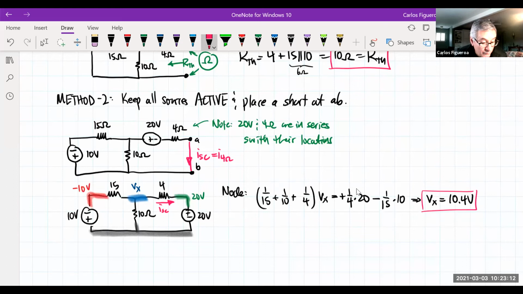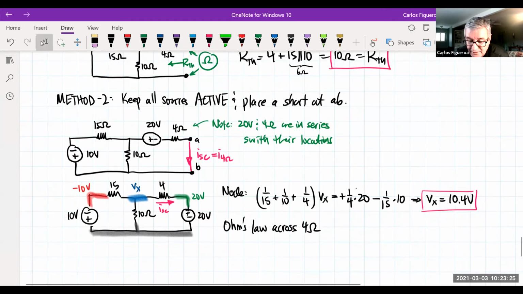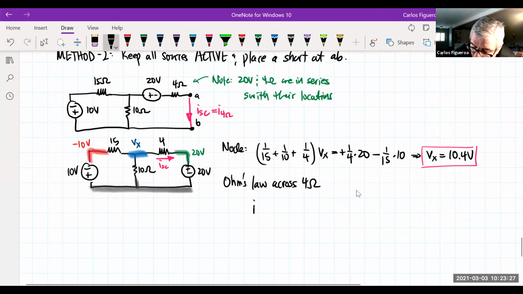I now know what that node voltage was. If I know what the node voltage is, what am I going to do? I'm going to apply Ohm's law now. Ohm's law across the 4 ohm. So then I say here that the current of the 4 ohm is going to be the voltage of the 4 ohm divided by 4, but the voltage of the 4 ohm is going to be what?